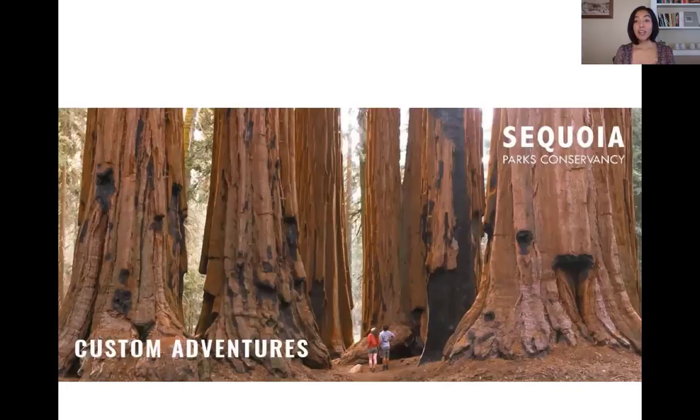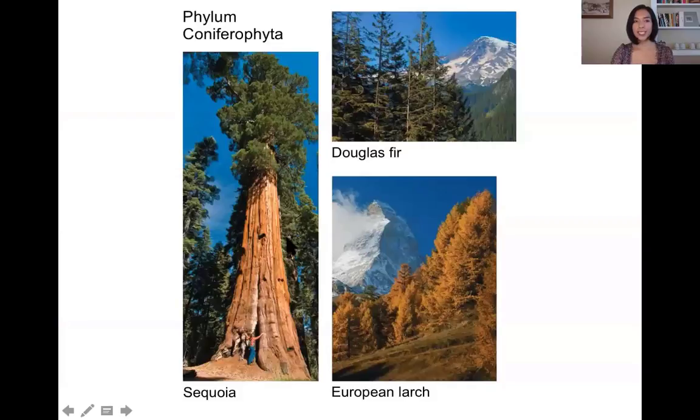They can be very, very tall, and they have massive structures in their stems. They are adapted to fires, and so they can resprout after fires that are mild. So this is a picture showing how tall they can be.